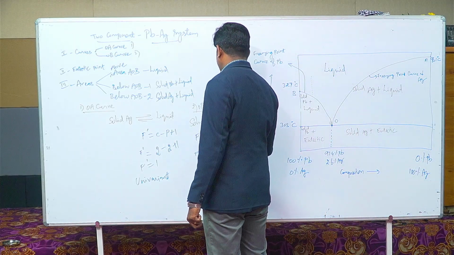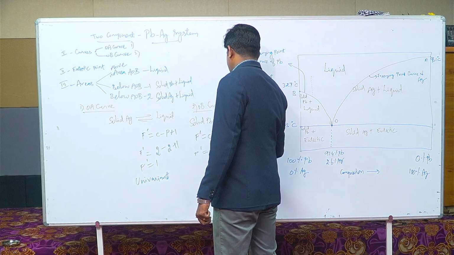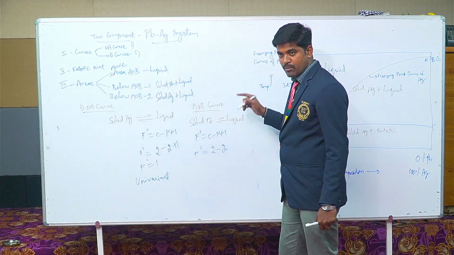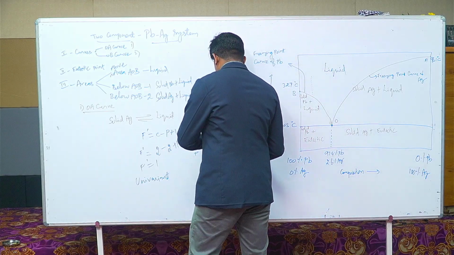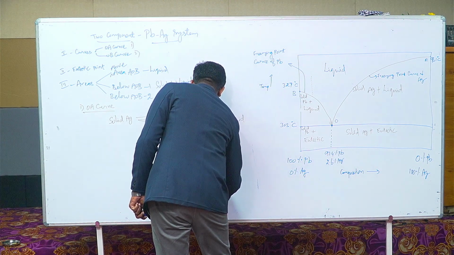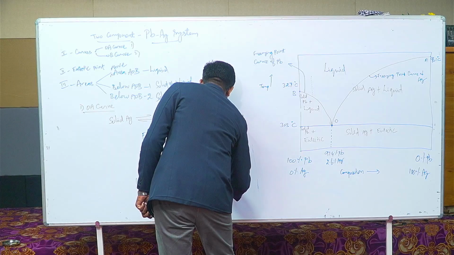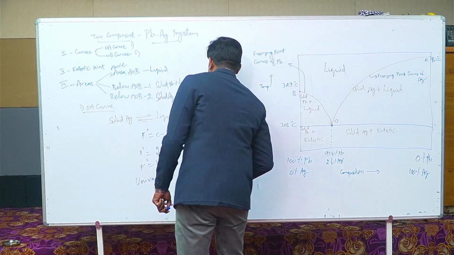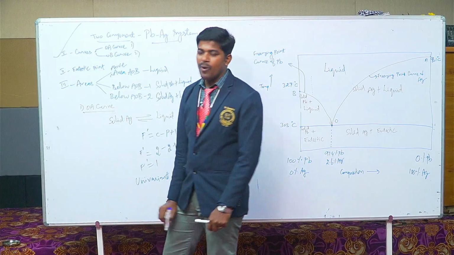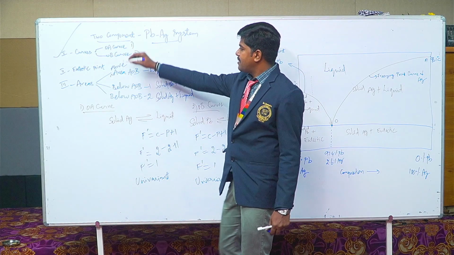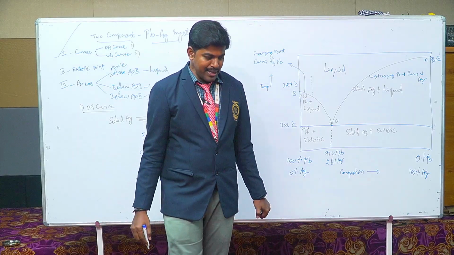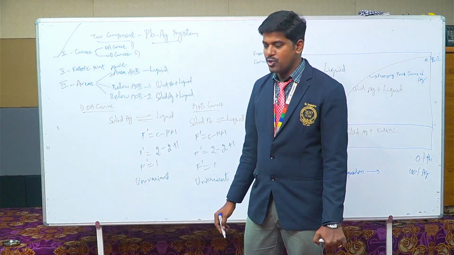So the components are 2, and the phases are solid and liquid, phase number 1 and phase number 2. Plus 1, and F dash is equal to 1. Here also the system is univariant. So this curve is over. At any point of the OA curve, the system is univariant, and at any point of the OB curve, the system is univariant.